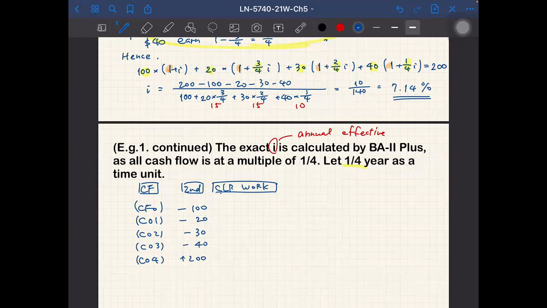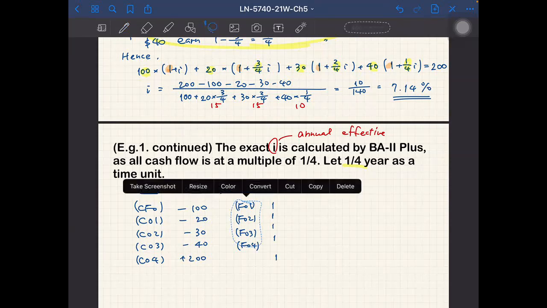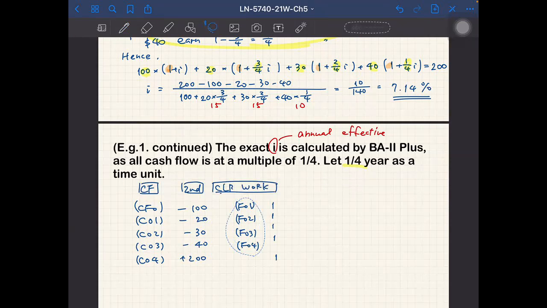The frequency is all 1, which is automatically entered because 1 is the default value. So this is the input.